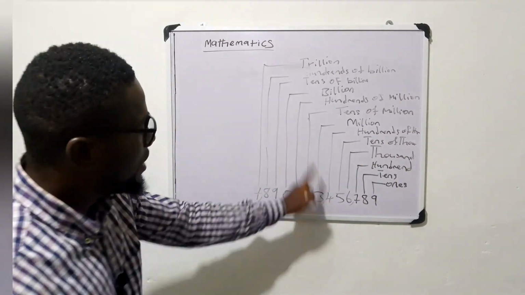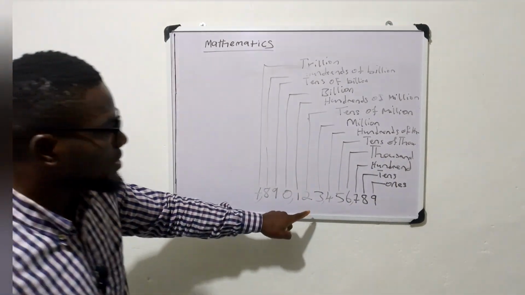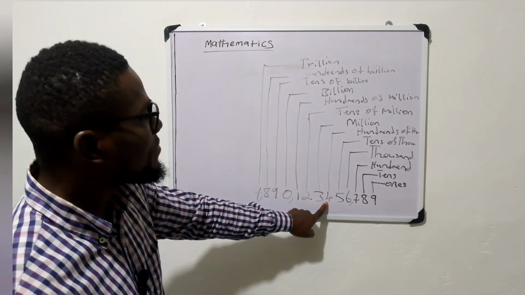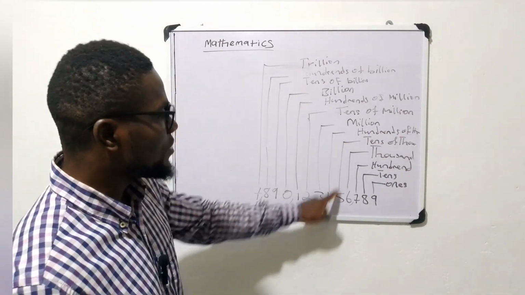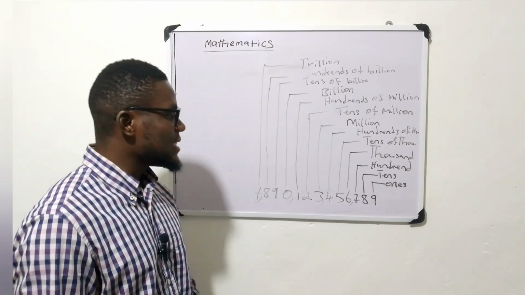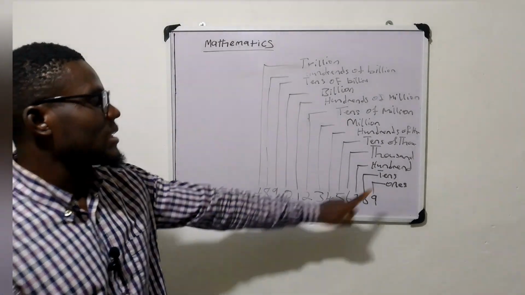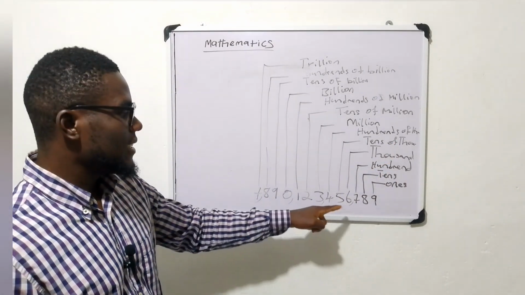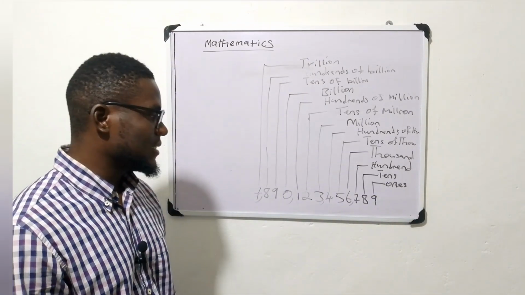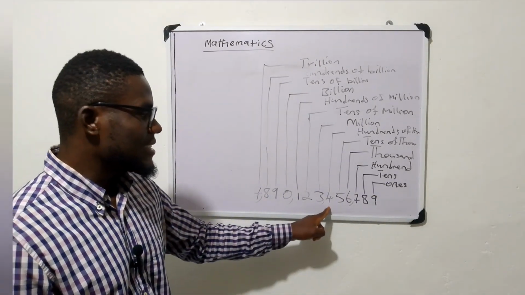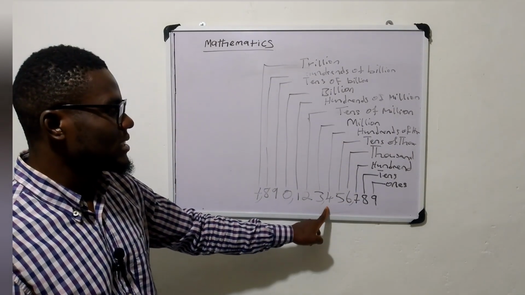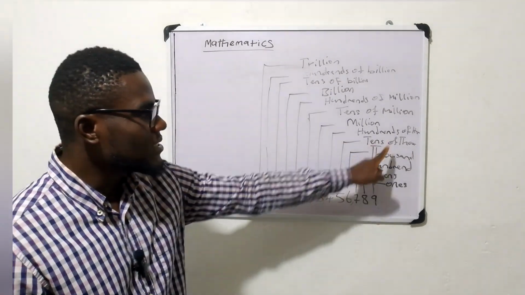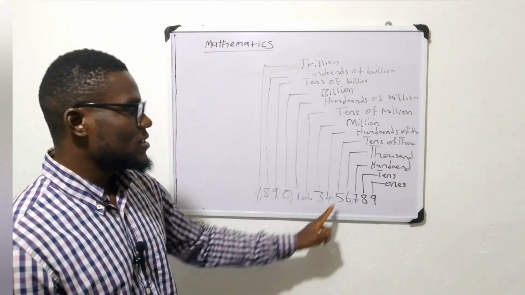Now let's move to the next digit, 4 here. The 4 represents hundreds of thousand. So one can say 200,000, 600,000, 700,000, but it will not exceed hundreds of thousands.